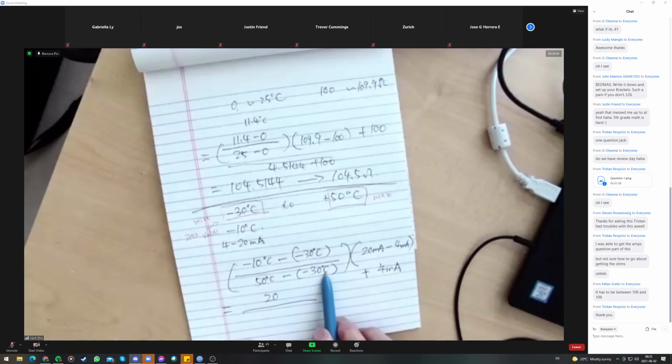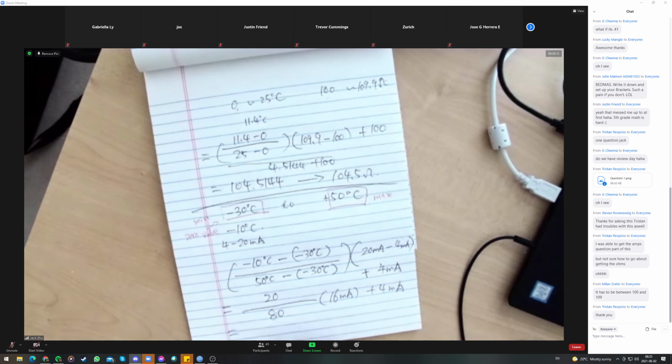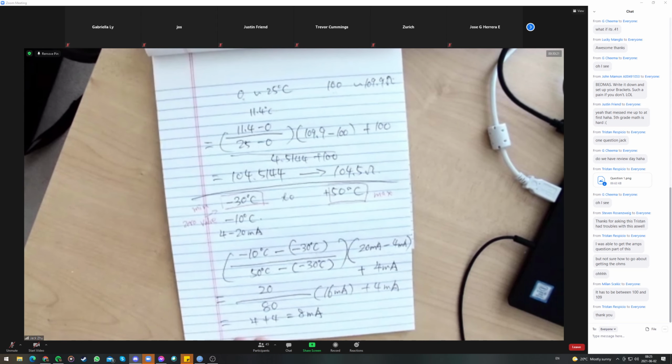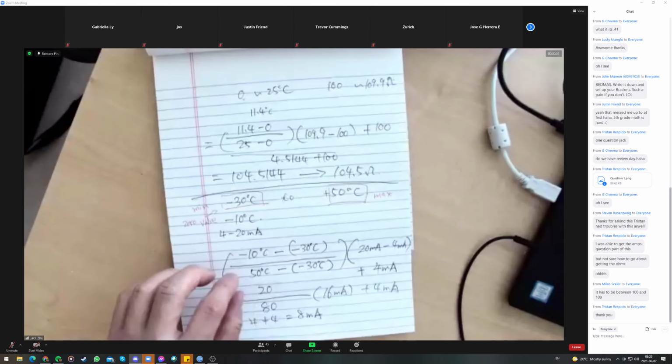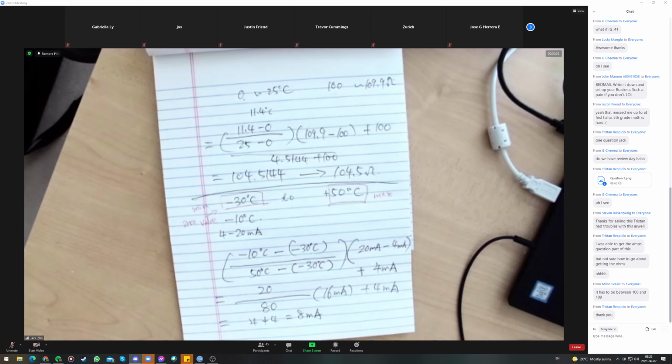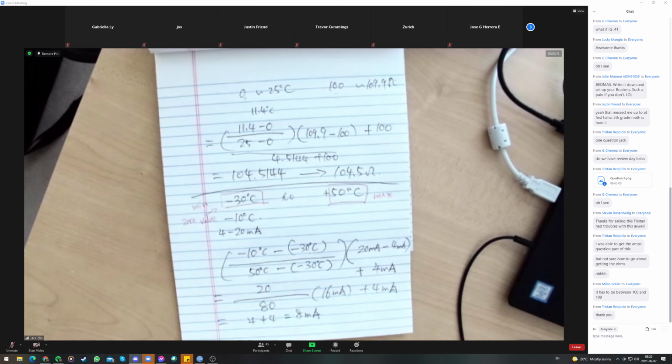The bottom, 50 subtract -30, gives you 80. Then you times 16 milliamps plus 4 milliamps, which gives you 4 plus 4, is 8 milliamps. Perfect, that makes sense? Whenever you put those numbers into the formula, you have to be careful with negative numbers and keep the negative sign in there.